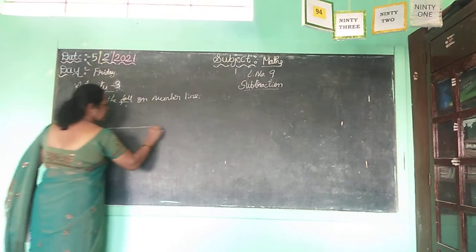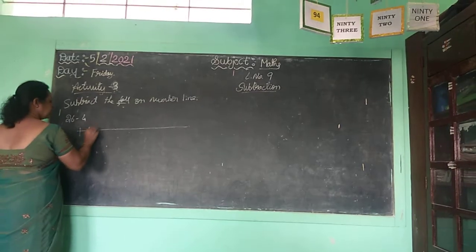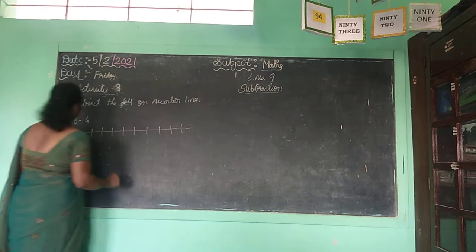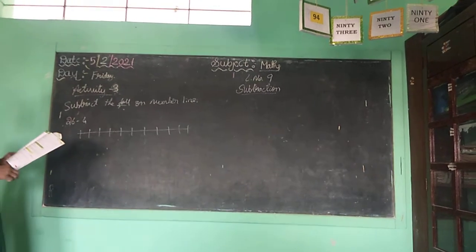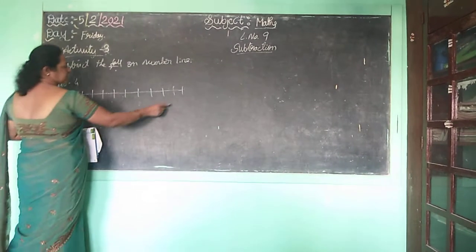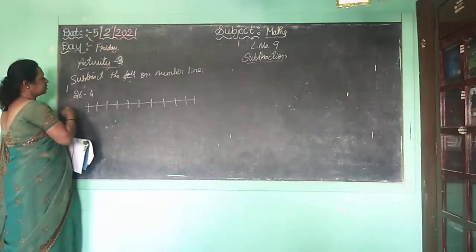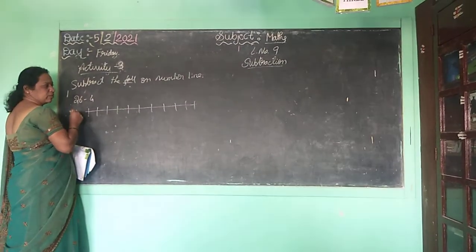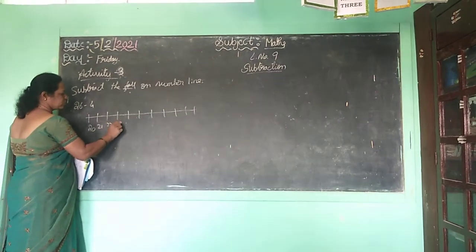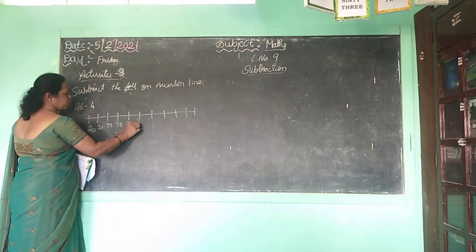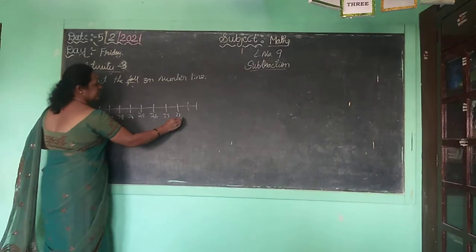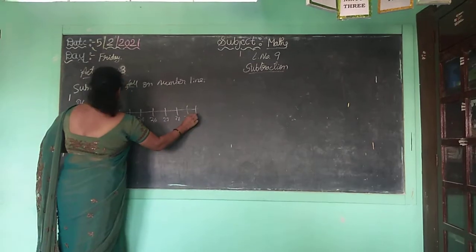So they drew the line here. They have given the numbers. See, 26 minus 4. So from 26 you can come backward, or see here, you can start from 20 only. Okay, see 20, 21, 22, 23, 24, 25, 26, 27, 28, 29, 30 I have written.